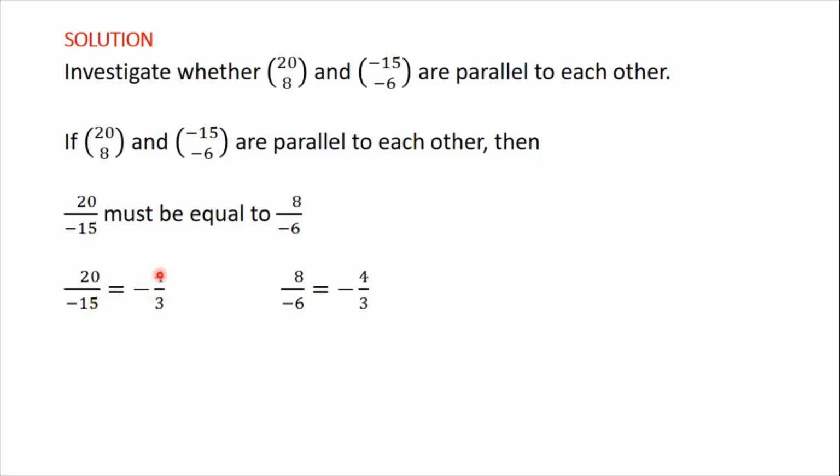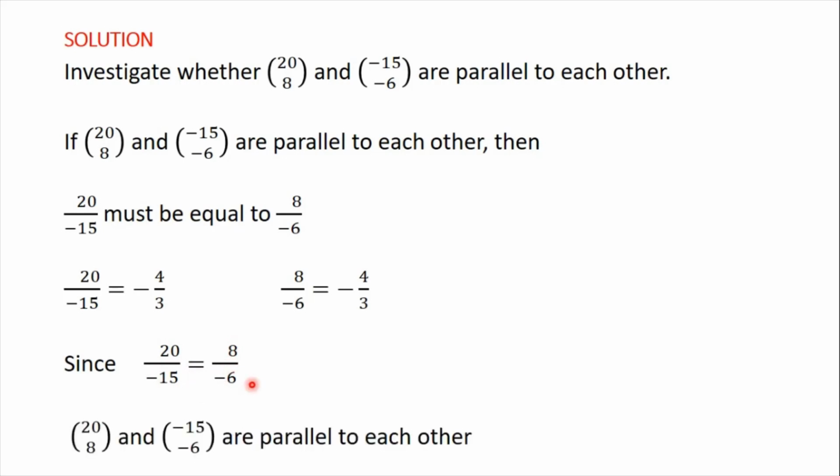That will give us minus 4 over 3. If you punch this on your calculator, you are going to get minus 4 over 3. If you punch 8 divided by minus 6 also on your calculator, you will see that you get minus 4 over 3. So it means that 20 divided by minus 15 is the same as 8 divided by minus 6. So we can say that since 20 divided by minus 15 is equal to 8 divided by minus 6, the two vectors are parallel to each other.